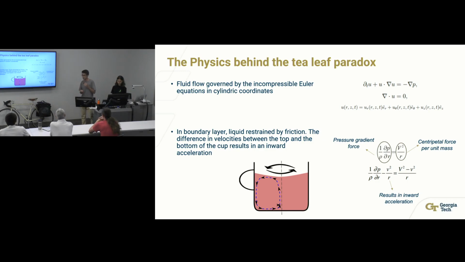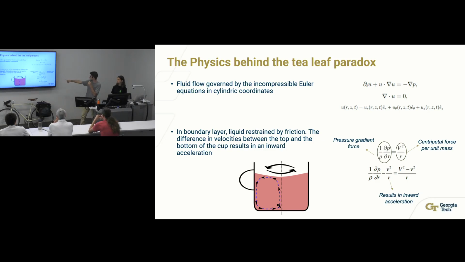The interesting thing about the tea leaf paradox is that in the boundary layer, at the walls of the cup, the liquid is restrained by friction, and this introduces a difference in velocities between the top and the bottom of the cup, which brings a difference right here.